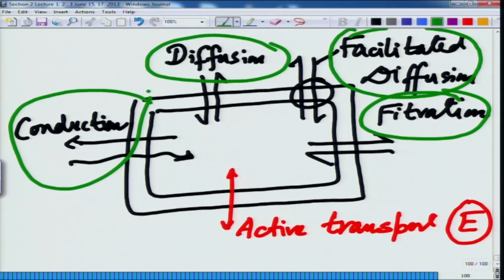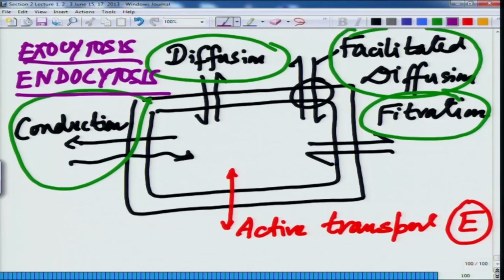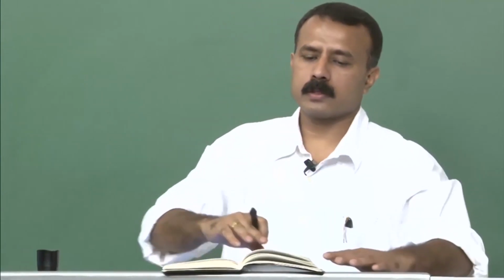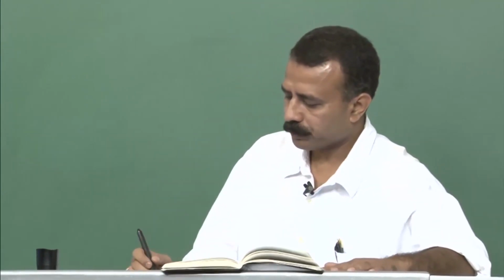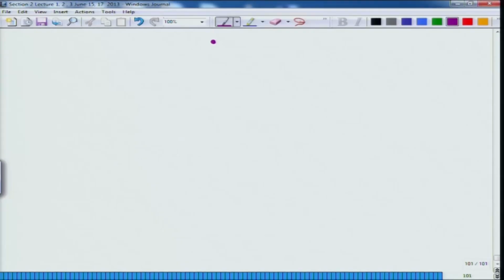And within this broad heading, you have some phenomena called exocytosis, endocytosis, and we will come in depth. So, these are the broad ways of classifying the different transport phenomena which take place across the different membranes.